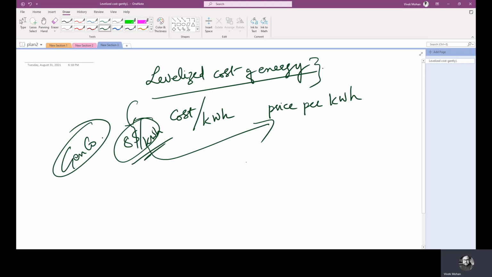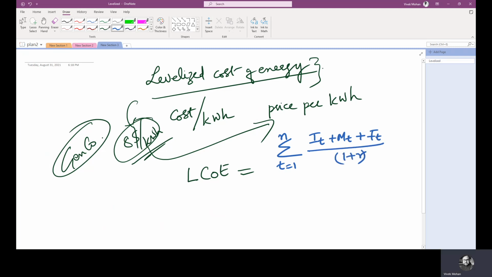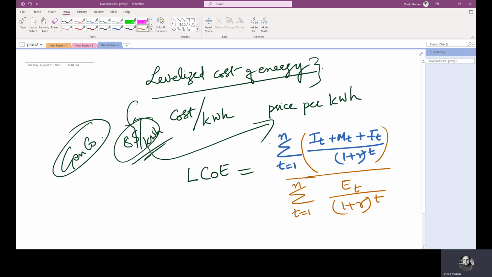Mathematically, the levelized cost of energy, LCOE, is equal to sigma T equals 1 to N of (IT plus MT plus FT) divided by (1 plus R) the whole raised to T, so this is the numerator, divided by sigma T equals 1 to N of ET divided by (1 plus R) the whole raised to T. Okay, so the lifetime of the system is N here.